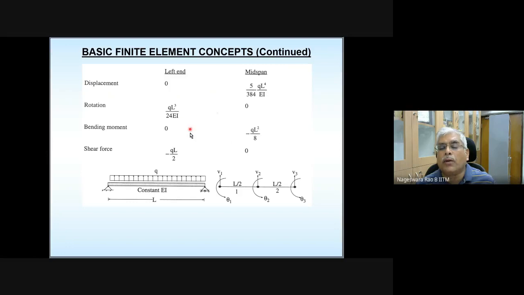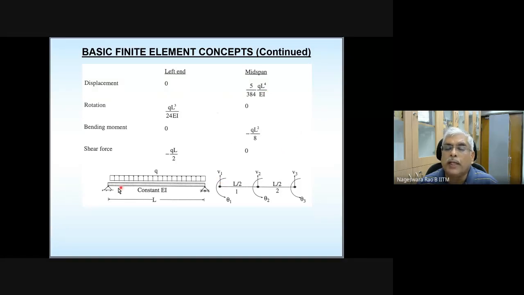So please take a note of this: the displacement, rotation, bending moment, shear force. And also let's discretize this beam. Let's solve this beam problem using two elements. Okay, and we'll see how the solution with two elements is going to match with the exact solution. That is what this exercise is.